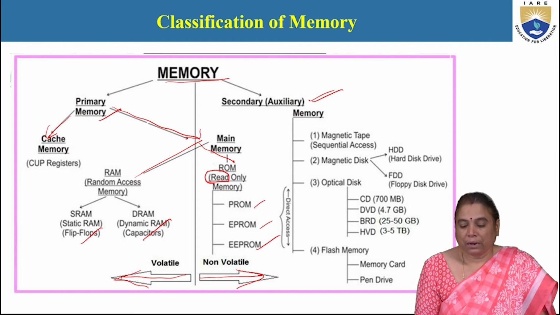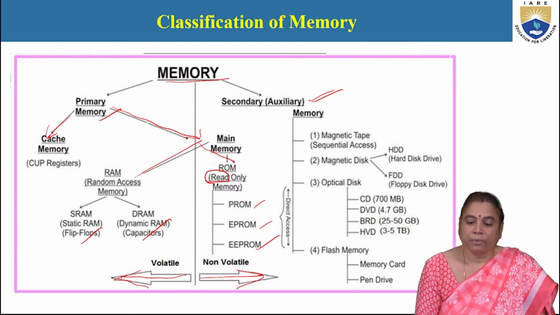User programs are stored permanently in the secondary or auxiliary storage devices, and whenever the program is needed by the central processing unit for execution, it can be transferred from secondary or auxiliary memory to the primary memory so that the program is readily available for the CPU for execution.